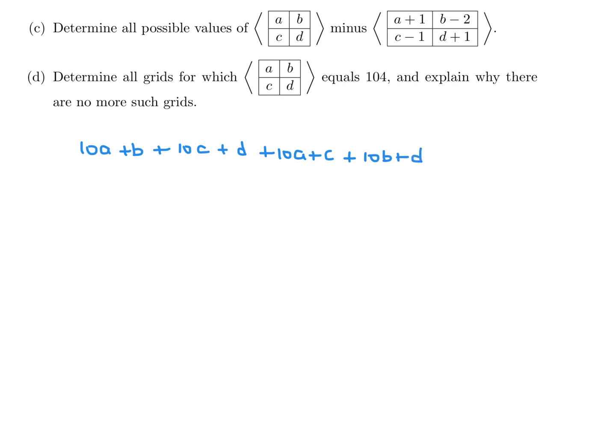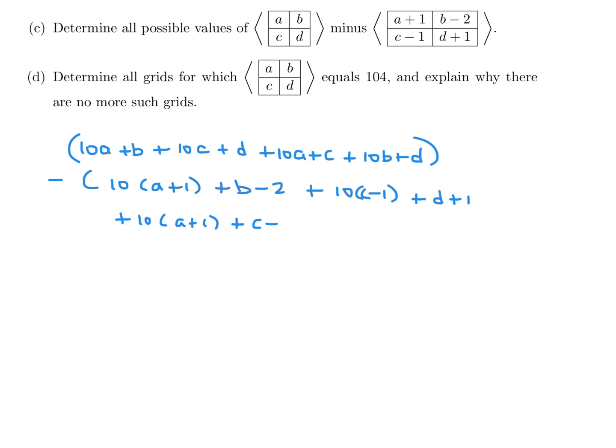And then we're subtracting from that this thing, so that's going to be 10a plus 1 plus b minus 2 plus 10c minus 1 plus d plus 1, plus 10a plus 1 plus c minus 1 plus 10b minus 2 plus d plus 1.